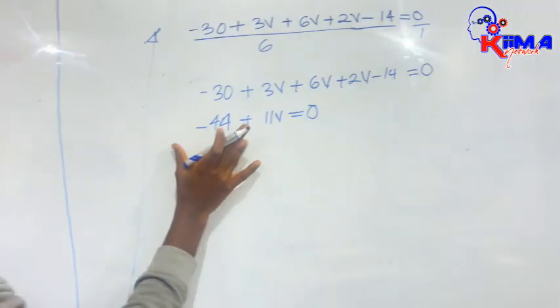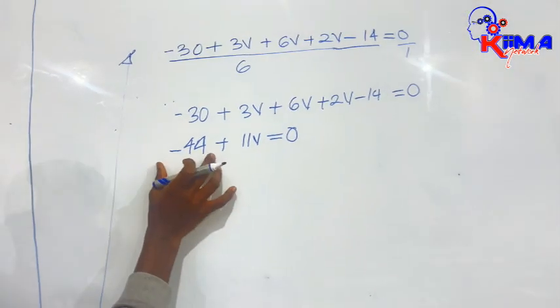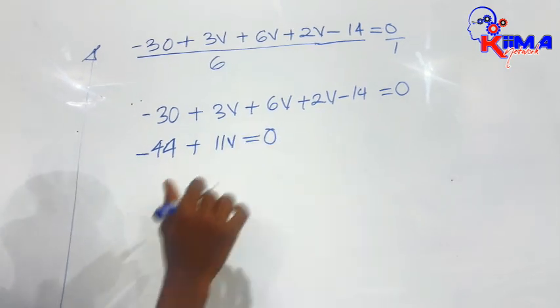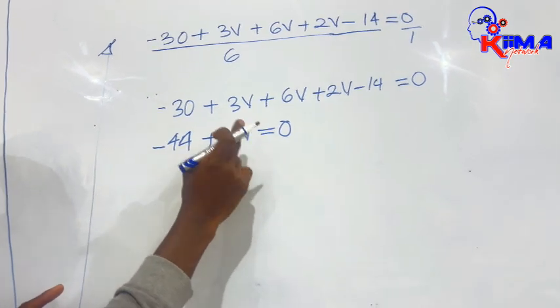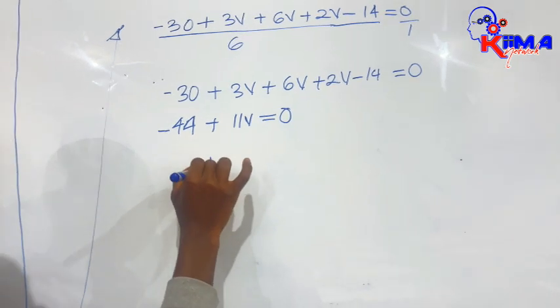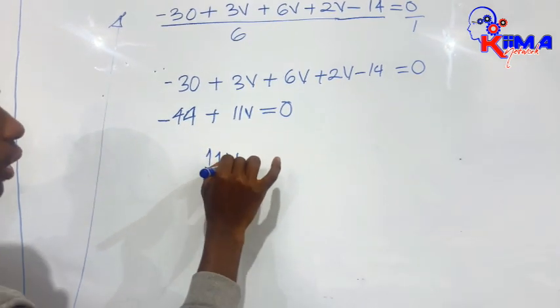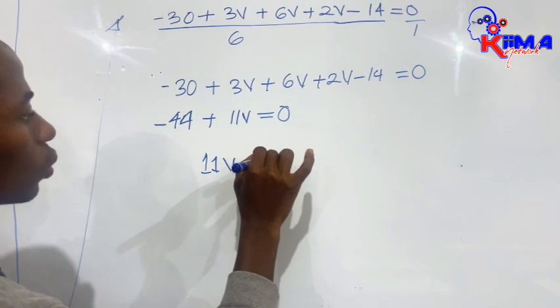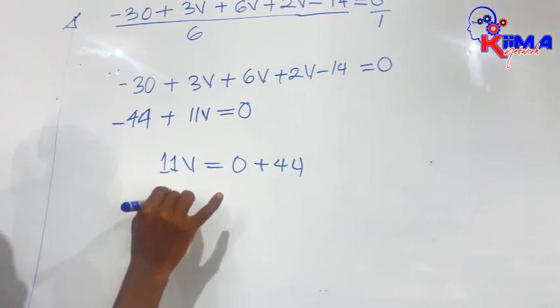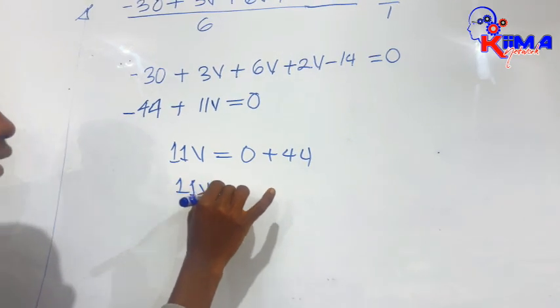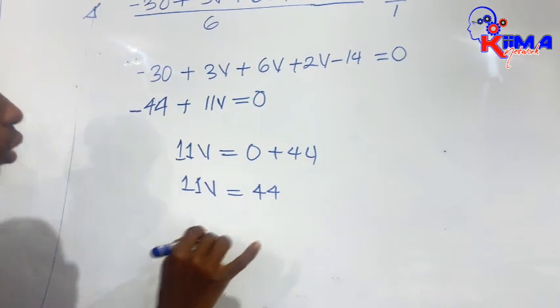Since this is minus 44, we don't need it here, so we send it across. That's the only way we will satisfy this equation to find the value of V. So we get 11V equals 0 plus 44, so 11V equals 44.